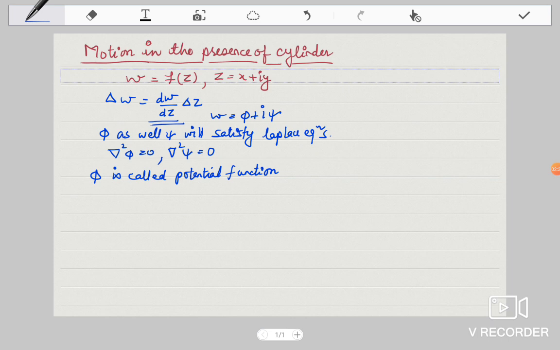And if phi exists, then the Cauchy-Riemann equation says that psi will also exist, and it is called the stream function.